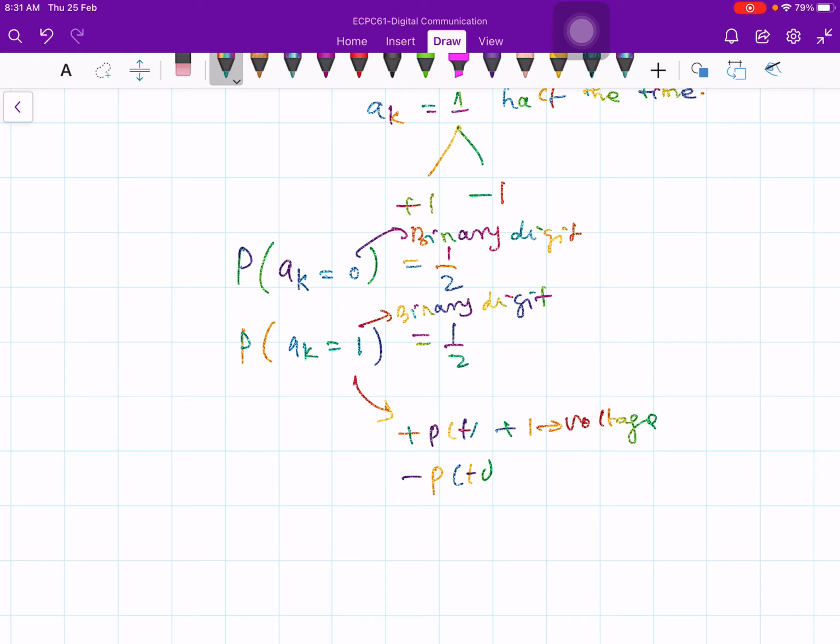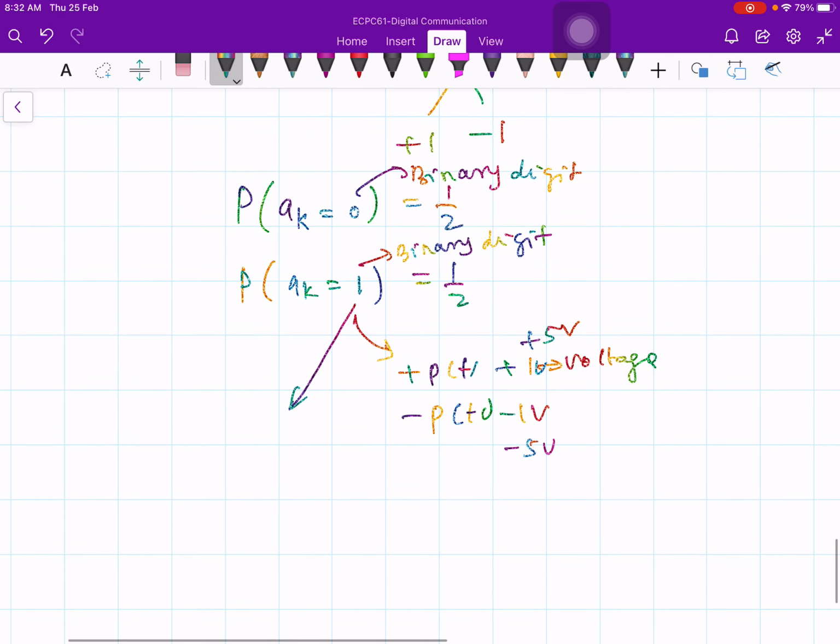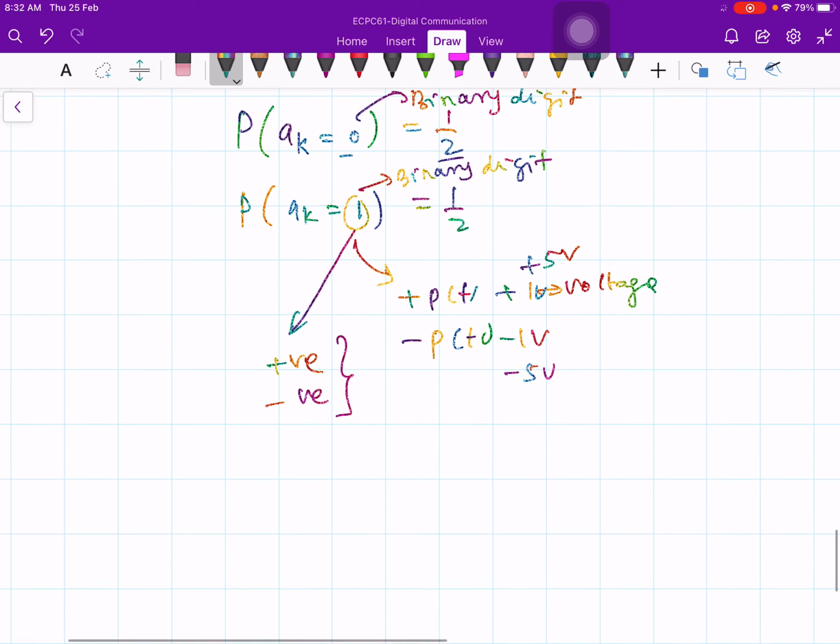It can be plus 1 volt or minus 1 volt or minus 5 volt or plus 5 volts, something like this. So this 1 can be represented by either positive voltage or negative voltage depending on the number of zeros in between the consecutive ones. That's all, don't confuse. So therefore 0 occurs half of the time and bit 1 occurs half of the time. That is our old assumption.